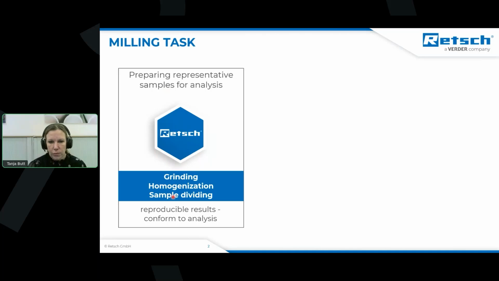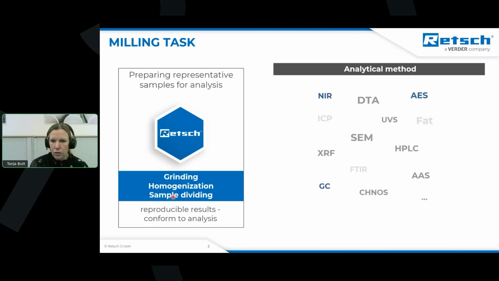And this is very important, because if you do not pay attention here and we do something wrong with our sample, then we can use the analytical method we want, or different methods like HPLC or XRF or gas chromatography. Everything is there.